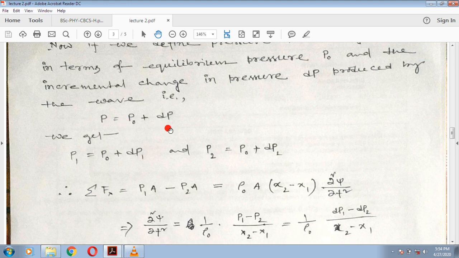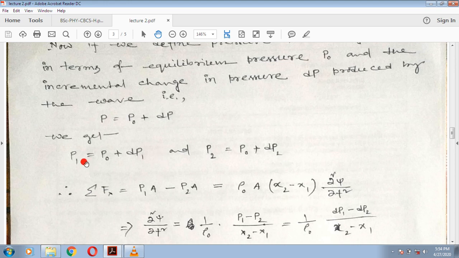So total pressure is P naught plus dP. So at the left hand of the segment, P1 is equal to P naught plus dP1, and at the right hand of the segment, let the pressure P2 be P naught plus dP2.